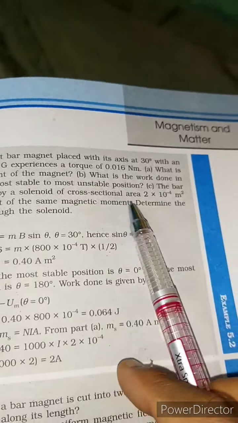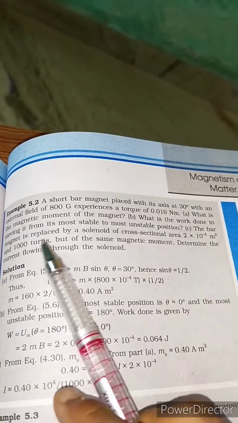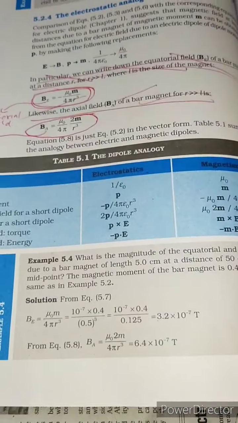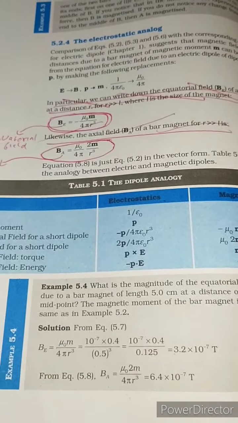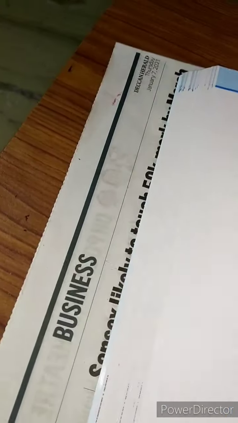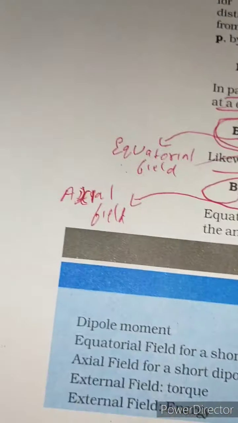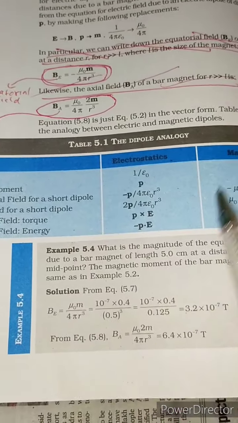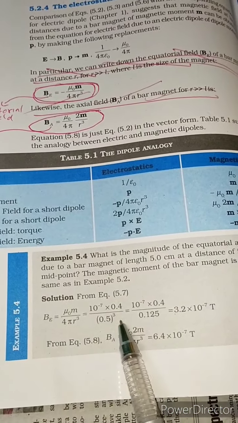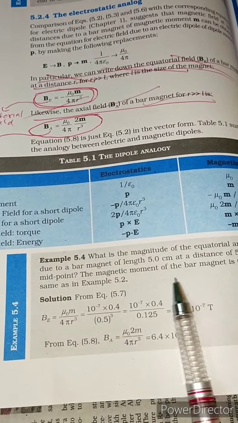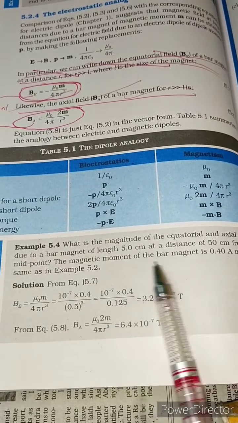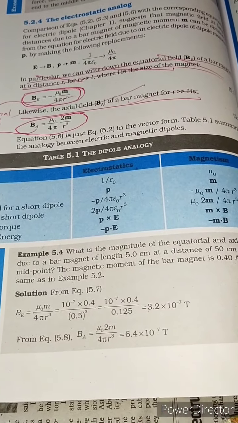You can see over here the cross section is the same, with a value of 1000 turns. Now the solution is from equation 5.7. According to this equation, you just have to substitute mu naught, which is given as 10 raised to the power minus 7.